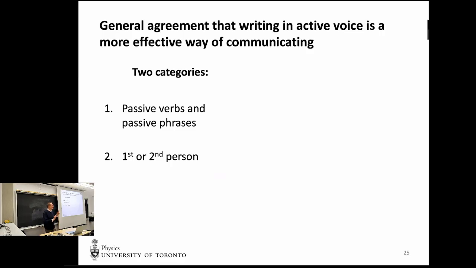You removed the person from the description of what happened. It was kind of like a fiction. Of course people were there. Of course people did the measurement. But it was simply not allowed. Journals would not allow you to write in first person. They do now, but for a long time they did not.